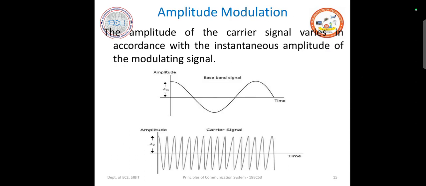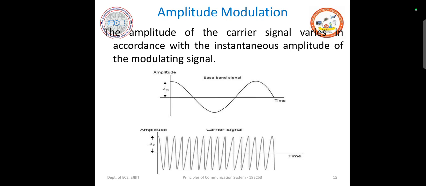Coming to the very first kind of modulation technique, the sole purpose of this module is to talk more about amplitude modulation. We already have given the definition of this. Now we can see some waveforms to understand it in a better way. The amplitude of the carrier is going to vary in accordance with the instantaneous amplitude of the modulating signal. So you can see two different types of signals here.